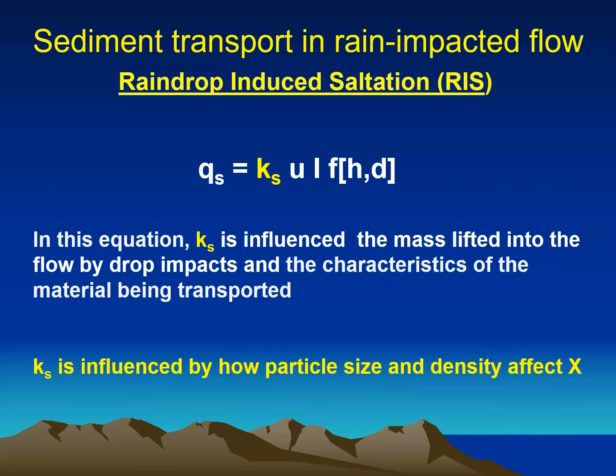In this equation, Ks is influenced by the mass of material lifted into the flow by drop impacts and the characteristics of the material being transported. Ks is influenced by how particle size and density affect x.